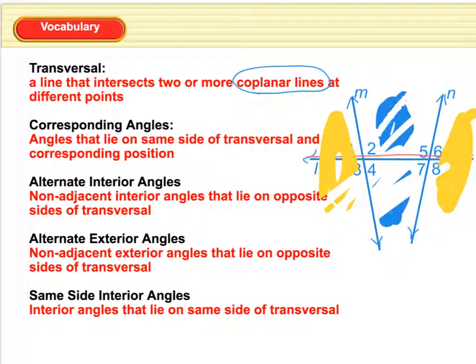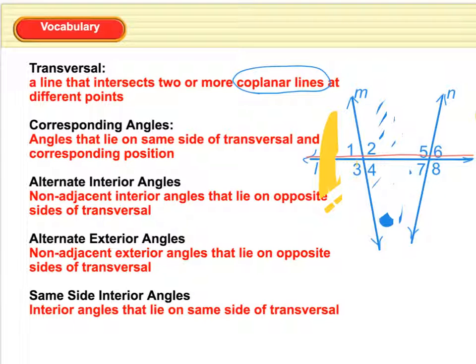So now let's take a look at this. Alternate interior angles. All the interior angles are obviously 2, 4, 5, and 7. And if they have to alternate, that means they're on different sides of the transversal. So for angle 2, the alternate side would be angle 7.